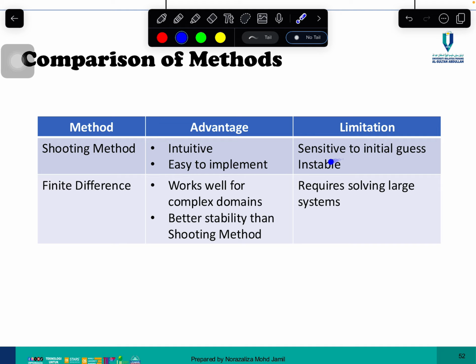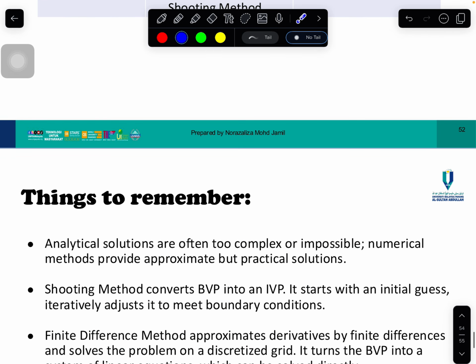It is sensitive to initial guess and it is unstable. Okay, for finite difference, the advantages are it works well for complex domain and it has better stability than shooting method. But the limitation for finite difference is it requires solving large system.